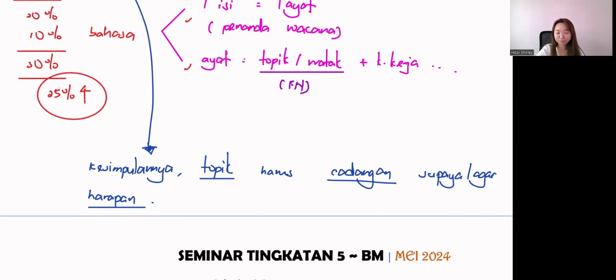Okay, for this one, let me finish the penutup first. Just now I used the contoh as amalan membaca, isn't it? So let's see. Kesimpulannya, amalan membaca is the topic, so you will need to mention your topic.